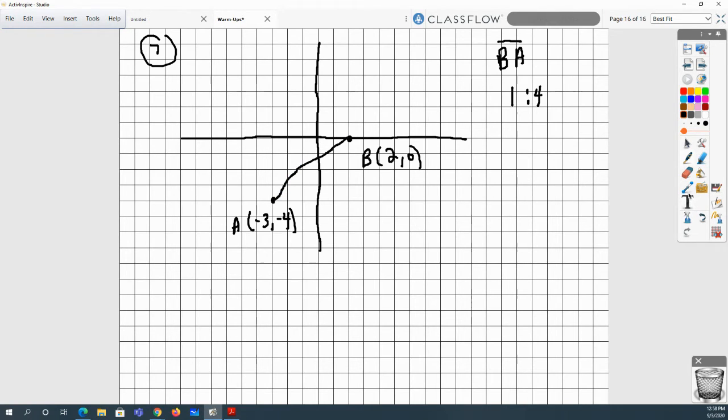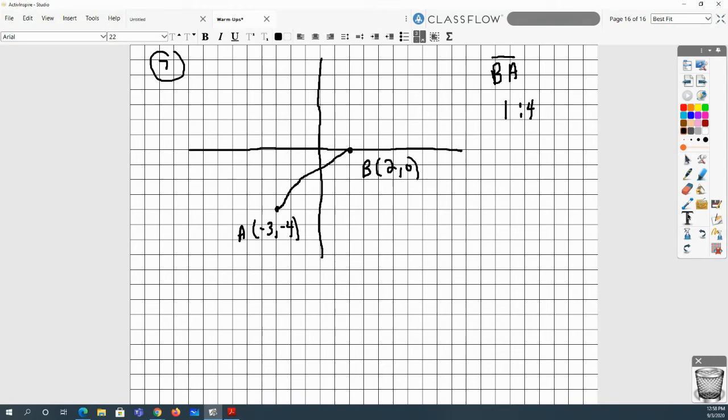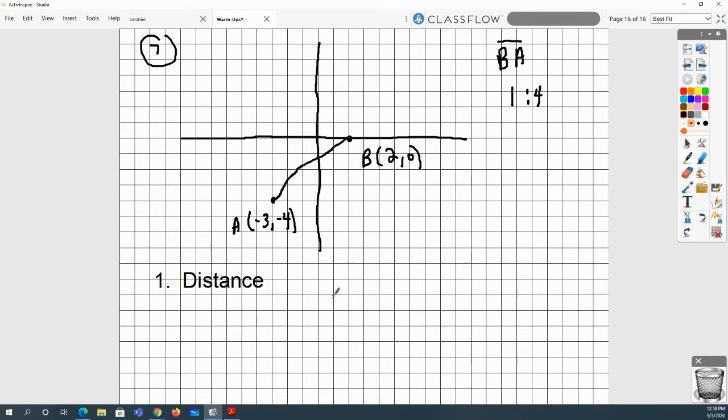And let's be very neat as much as we can and do some steps. Step 1 is find the distance. Let's do the X value and the Y. For the X, you're going from B to A, right?